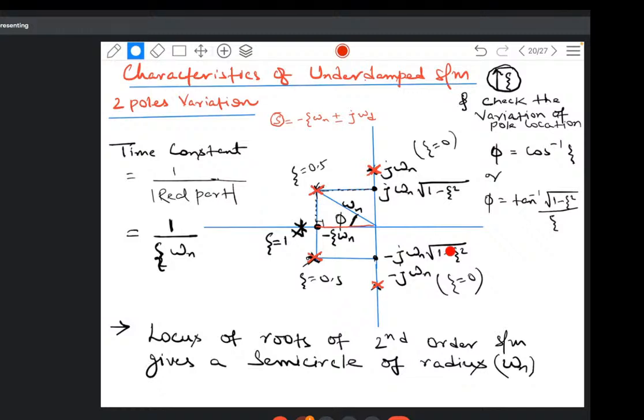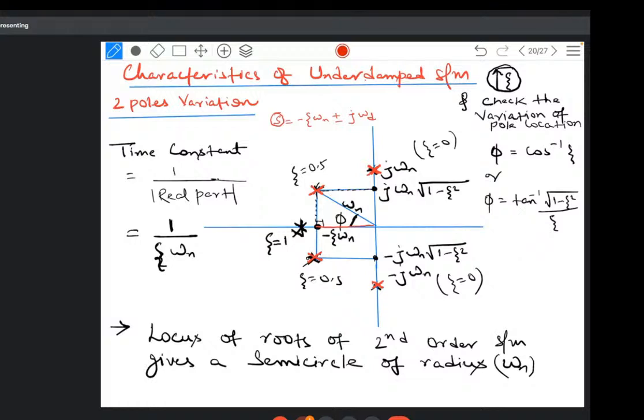So you have got the pole lying from imaginary to the LHS complex plane. Now again you increase the value of zeta and make it equal to 1. Once the value of zeta becomes 1, it becomes a critically damped system. What do you mean by critically damped system? Critically damped system means the poles will lie on the real axis and they will be real and equal.